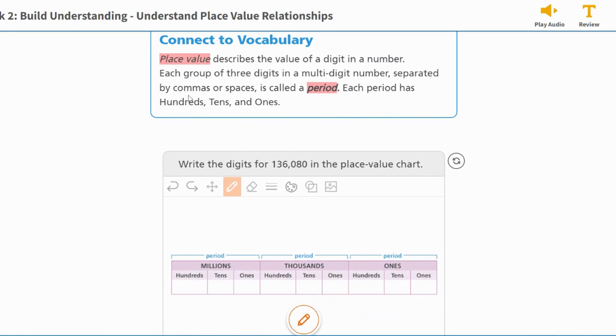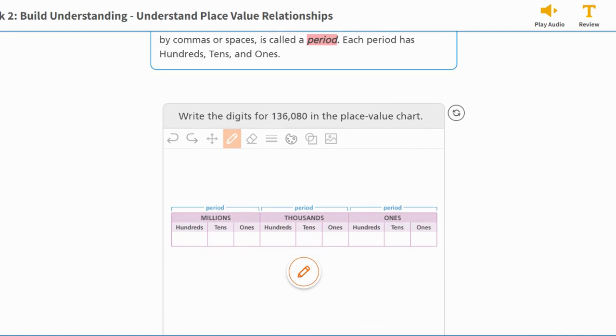Each period is going to have a hundreds place, a tens place, and a ones place. Okay, so here you'll see that we have the ones period. It goes ones, tens, hundreds. Then we're in the thousands period, so it would be thousands, 10,000, 100,000. Then the 1 million's place, 10 million's place, hundreds millions place.